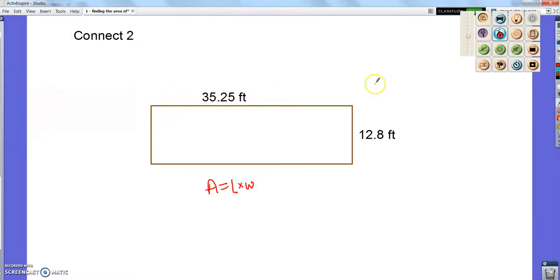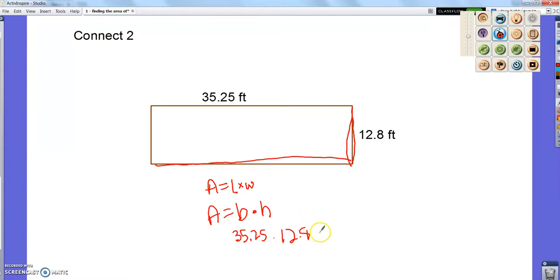So we would maybe call this the length and this the width. Or sometimes we called it area is base times height. Base is the side that it's sitting on, so I would say its base is 35 and 25 hundredths feet, multiplied by the height, like it's standing up, and it's 12 and 8/10 feet tall, and then multiply those.